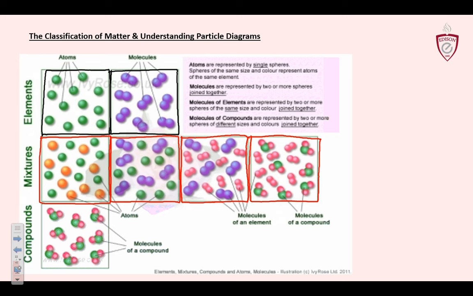The other molecule type is a molecule of a compound, which is, by definition, different atoms of different elements bonded together. Okay. Now a compound here is our definition. It's a pure substance. You notice inside this box it's not anything mixed up. All the atoms of different types are bonded together to make a molecule.